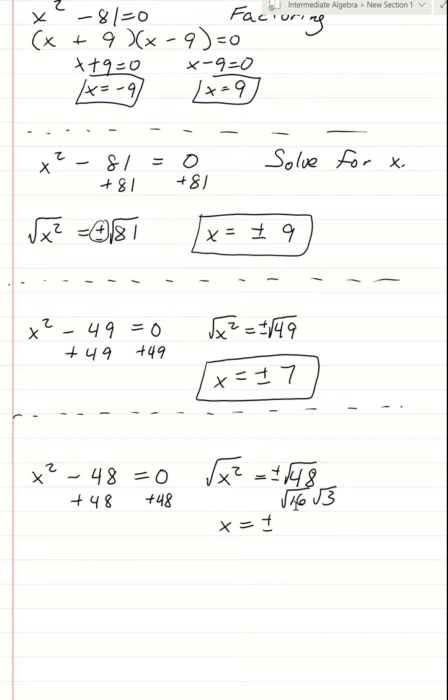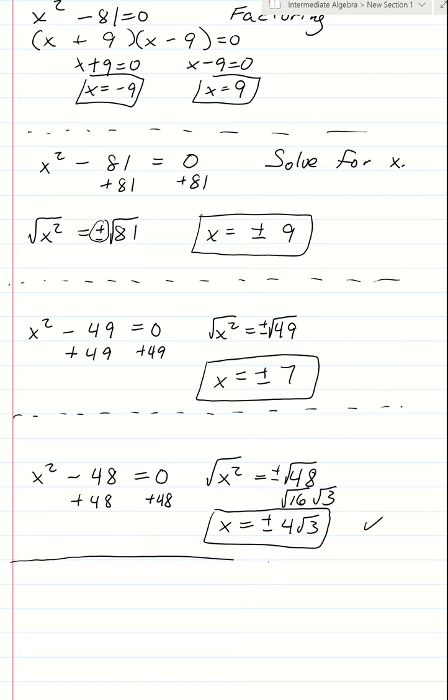And now since 16 is a perfect square, that's how we would get 4 square root of 3. So we are still getting two solutions. We have a positive 4 square root of 3, as well as a negative 4 square root of 3. Those are your two solutions to that quadratic equation.